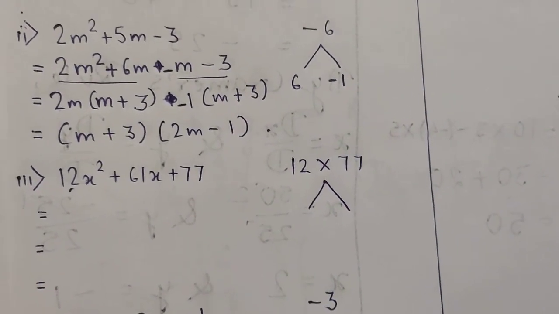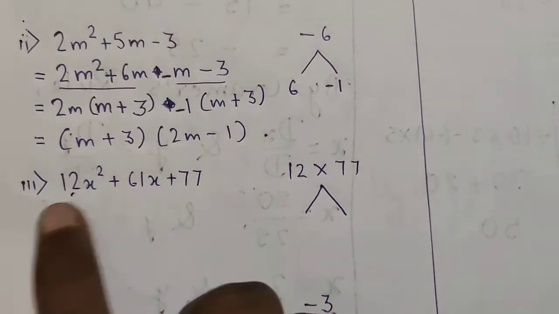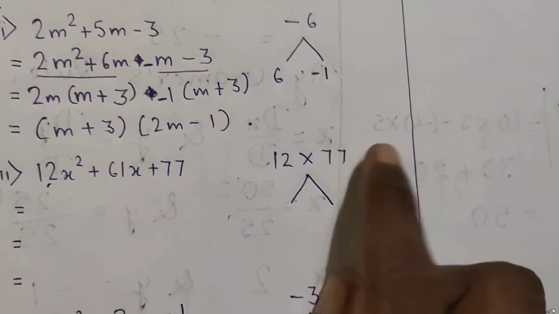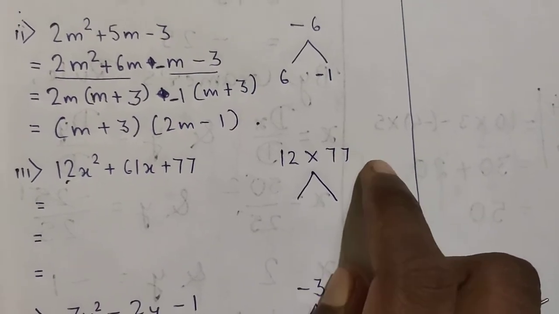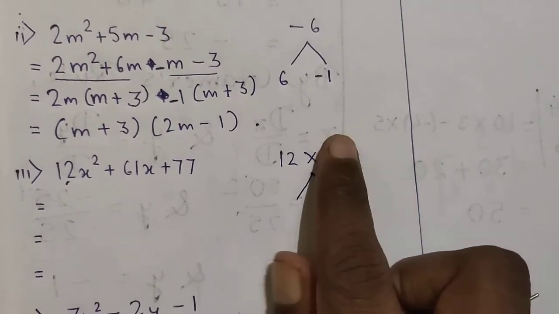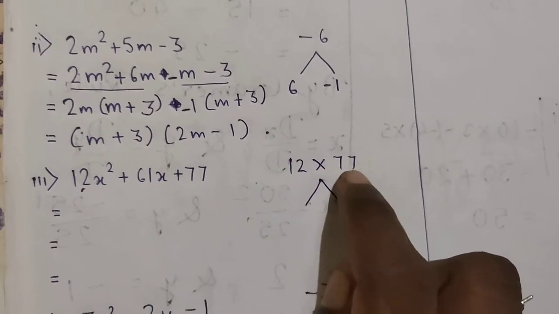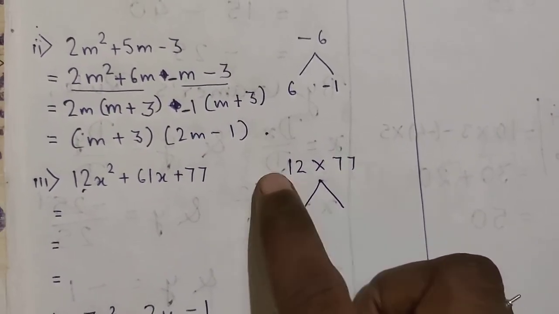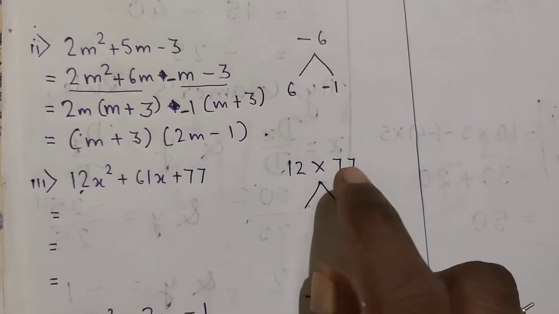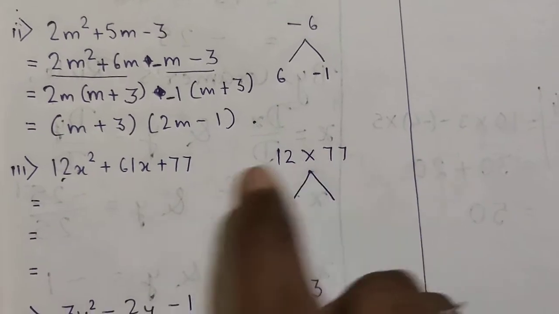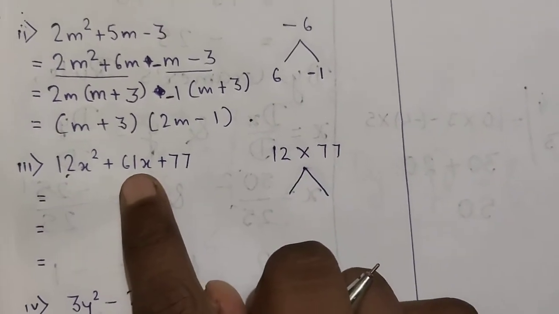Now see, both are positive. So after multiplication, whatever number you get will be positive. So you have to take two parts of a positive number. Whatever number you get, you have to make two parts such that their addition gives you 61.